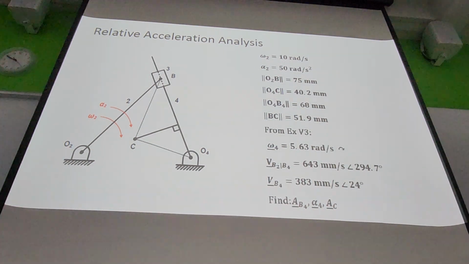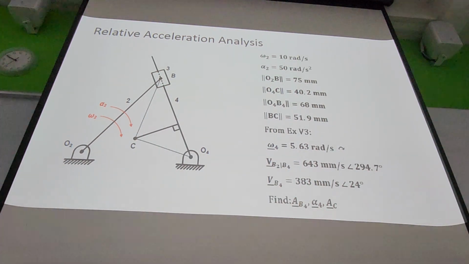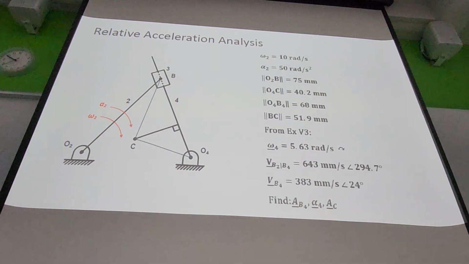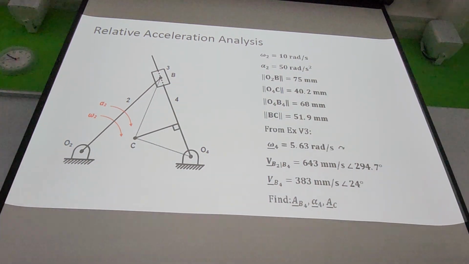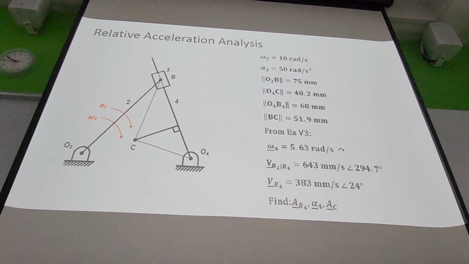From all this data, you need to calculate the acceleration of B on link 4, then the angular acceleration of link 4, and the acceleration of the point C. So Coriolis acceleration is just a component instead of the tangential acceleration which we have done. When a slider is connected to 2 links, we replace the tangential acceleration with Coriolis acceleration. That's all.